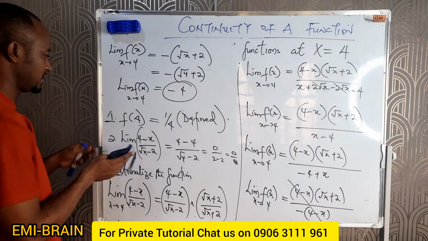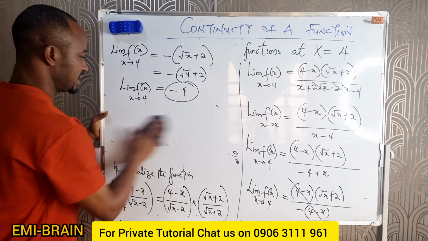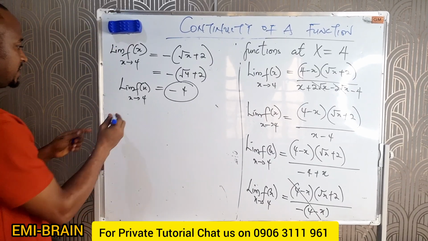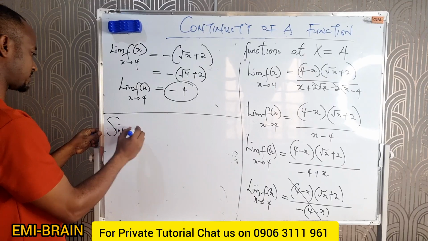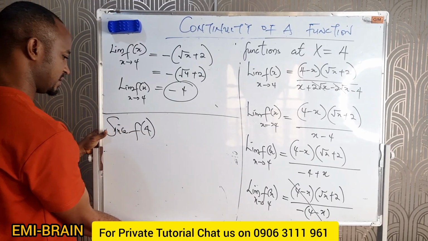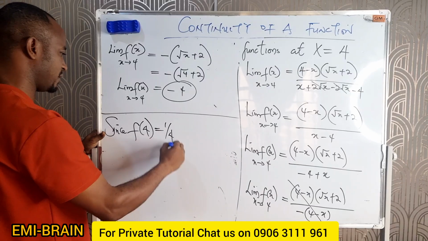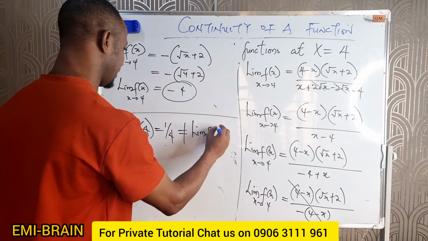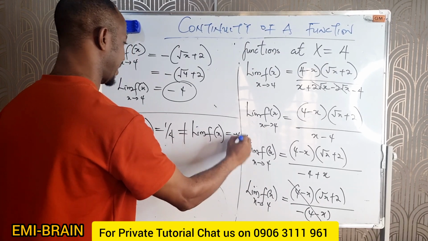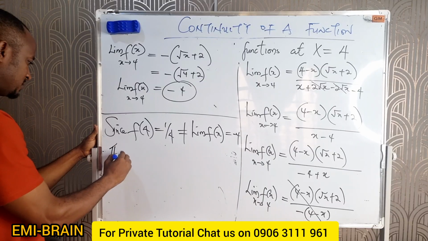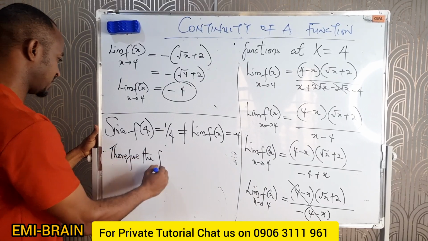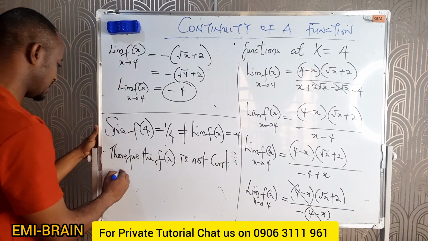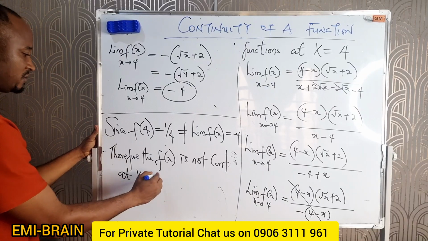So since f of 4, which is equal to 1 over 4, is not equal to the limit of f of x, which is equal to minus 4, therefore the function f of x is not continuous at x equals 4.